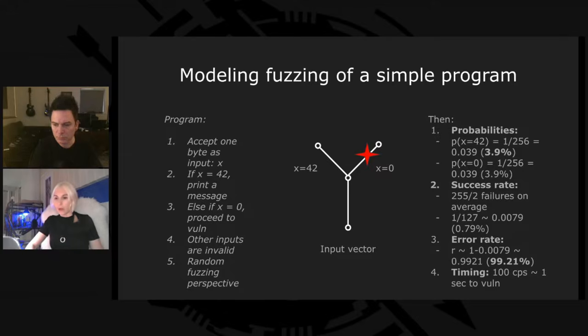Now, another thing I want to see here on this simplified picture is the success rate of a fuzzer. What is a success rate? A success rate is that the fuzzer either discovered a new branch or found a vulnerability.